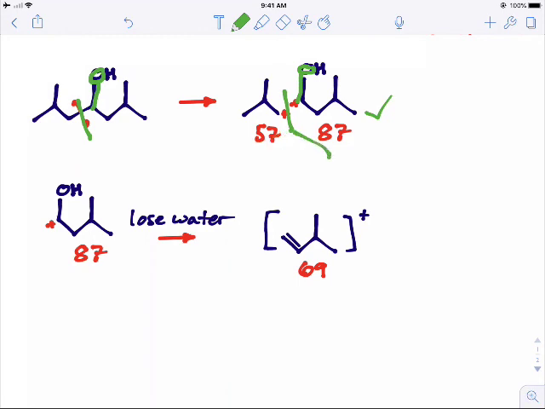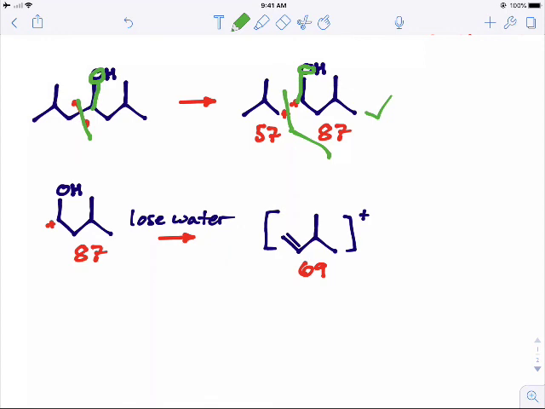Notice in our spectrum that 57 wasn't a major fragment, but 87 was. That means that at this fragmentation site, it's always going to cleave to give the 87 cation and the 57 radical. Why would it do that?